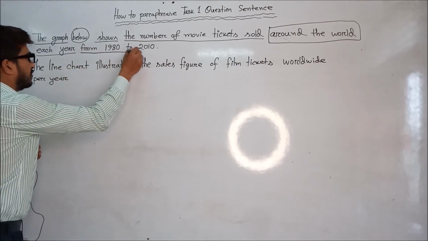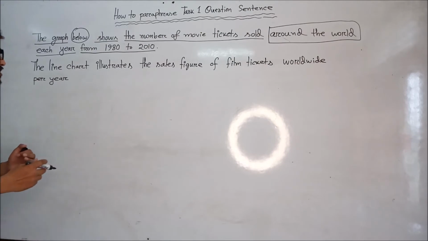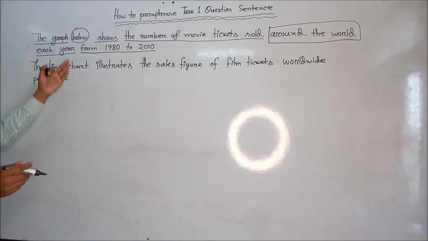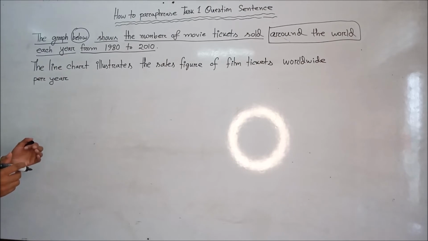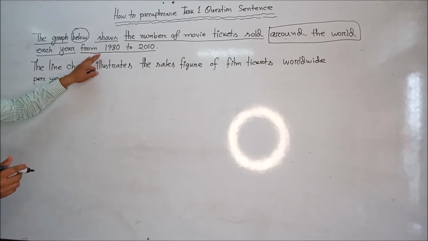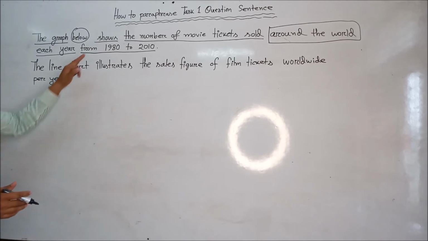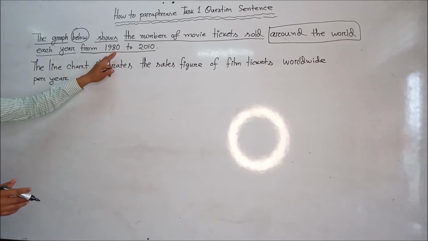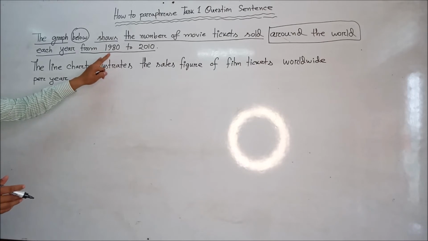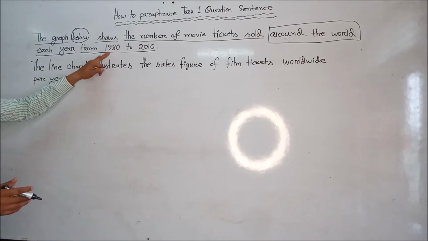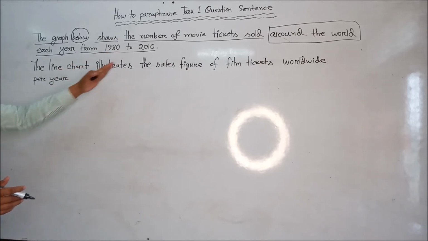So the next one, from 1980 to 2010, is also another adverbial phrase of time. This adverbial phrase of time can be transformed in many ways. For example, you can see there is a 30-year period here. In this 30-year period, you can say for 30 years.